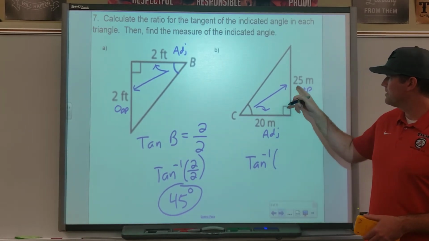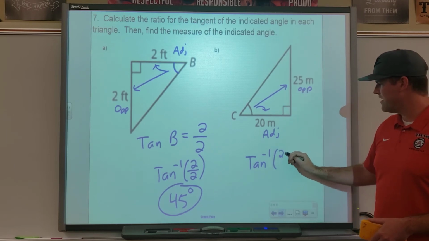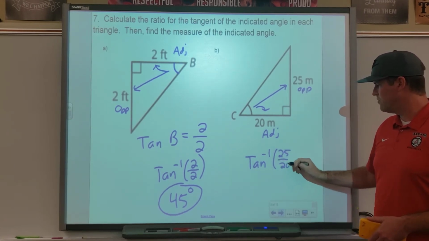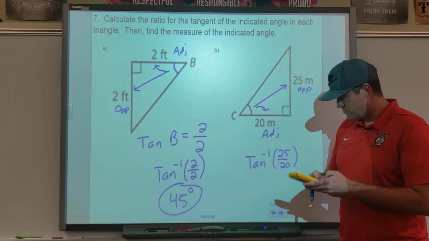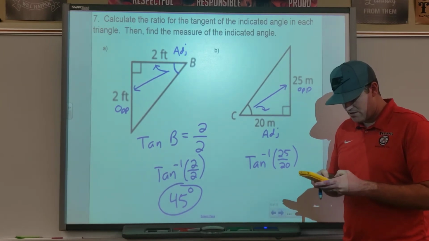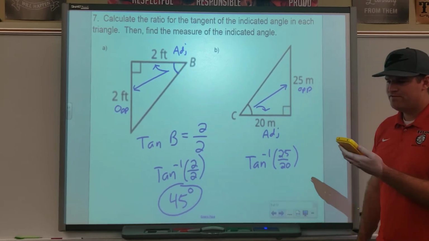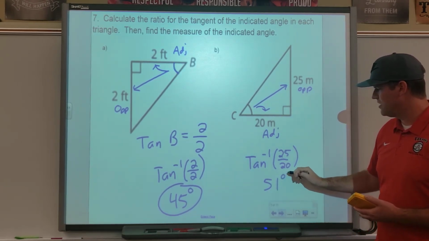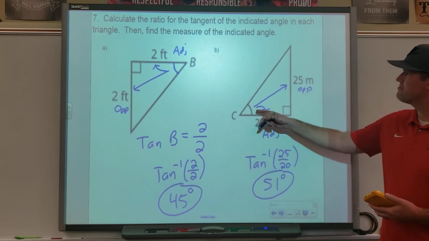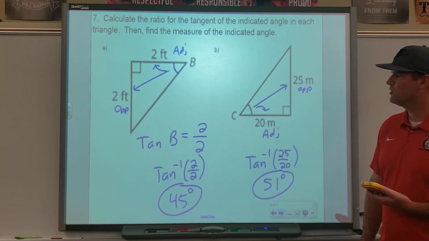And then we do need to put the opposite on top. So 25 goes on top, 20 goes on the bottom. And inverse tangent of 25 divided by 20 is 51.3, or I'm just going to round that to 51 degrees. So angle C, 51 degrees.